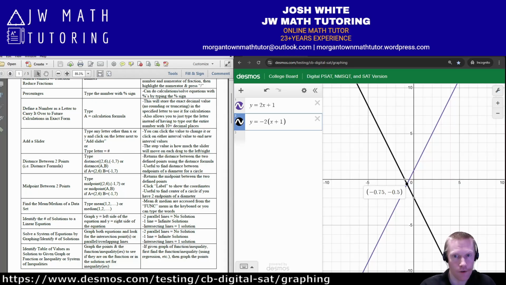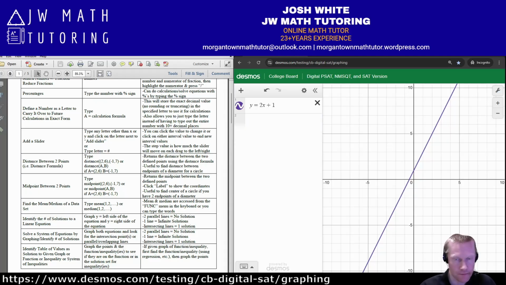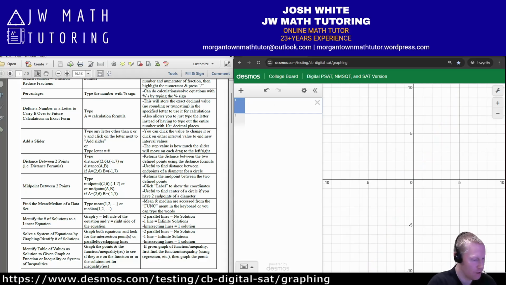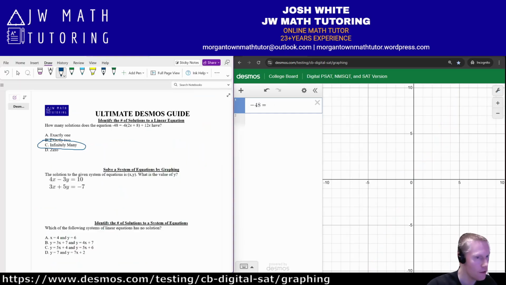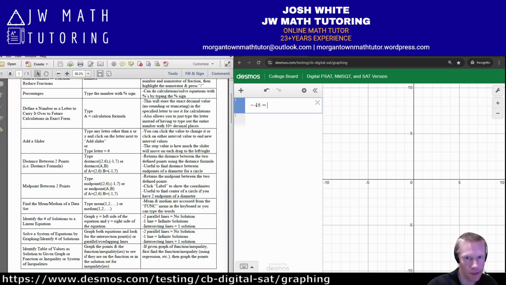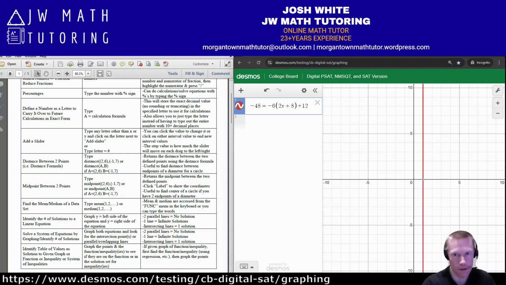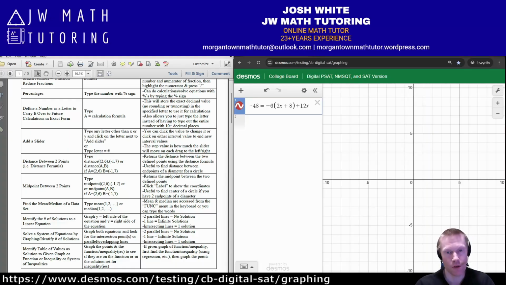Also, one other thing just to mention, when I first did the problem, when I typed it out, it was -48 equals, just try to get the whole thing again, -6, 2x plus 8, I think, not plus 12, because that's showing something, plus 12x. There we go. Okay. So when I first typed it out, notice you did not see anything on here.